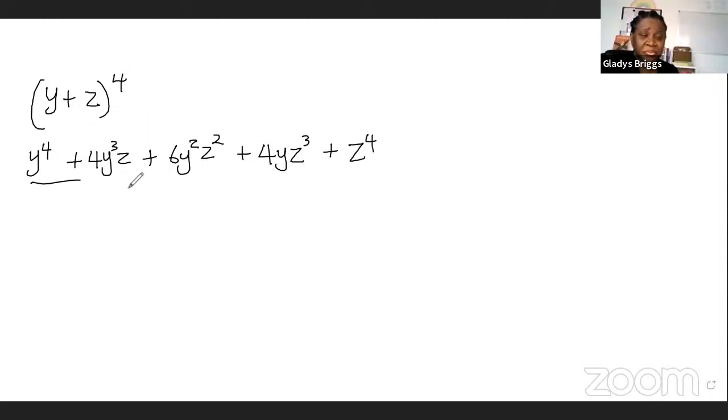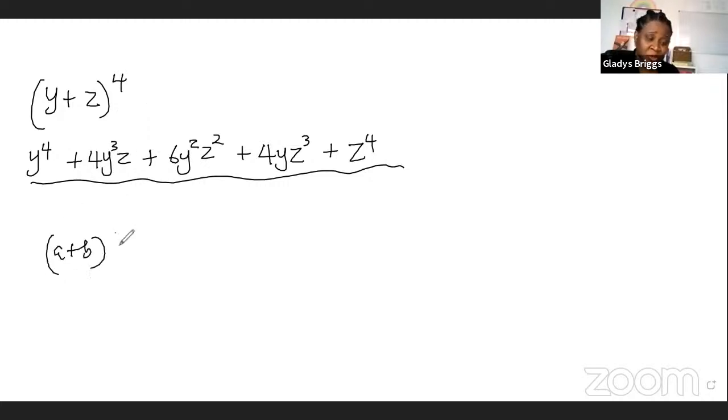I think that's pretty much straightforward. That's what we had in the question anyways. Yeah, that's what we had in the other one, the A plus B to the power of 4. So well done to you.